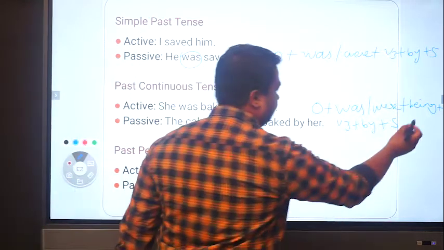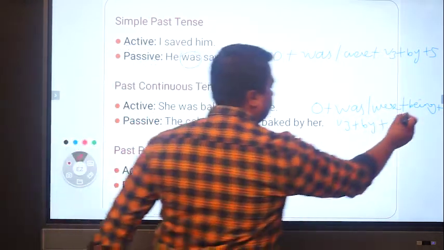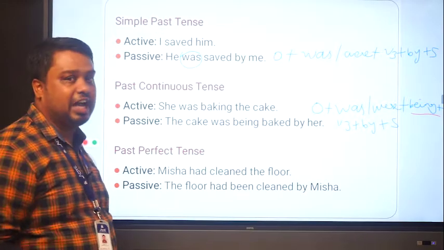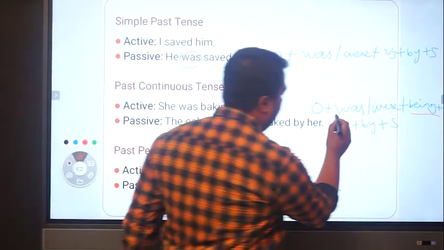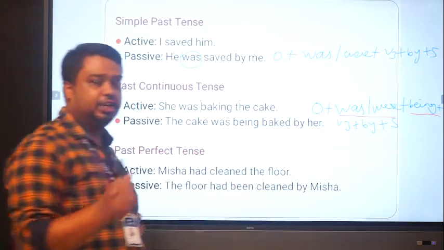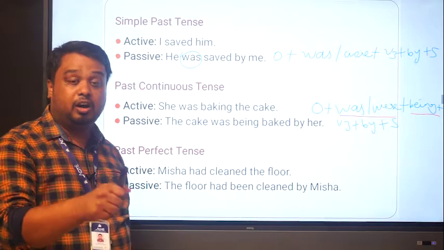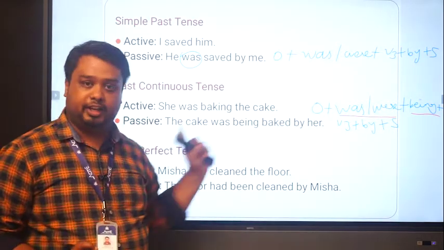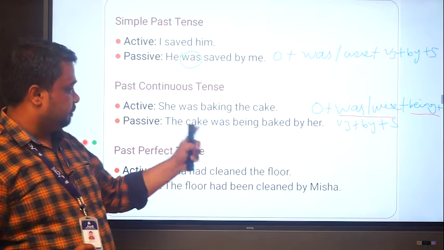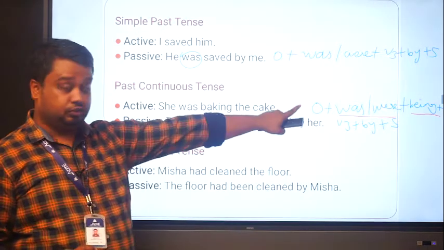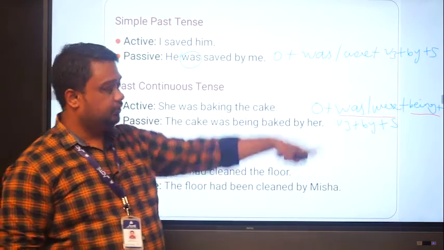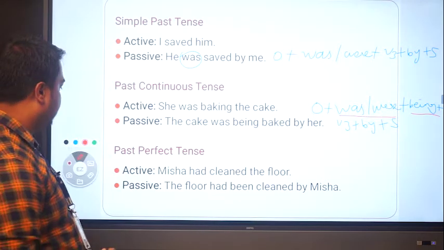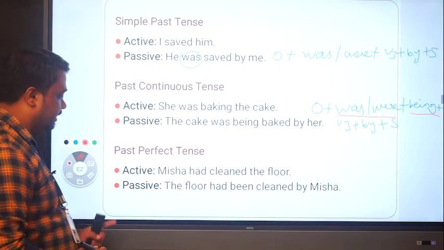So this word being is very common in continuous tenses. So only the change happens with these auxiliary verbs. In present continuous it is is or are or am, whereas in past continuous was or were. That's it. The cake was being baked by her. Was is used for singular and were is used for plural. Got it? Right. Okay.